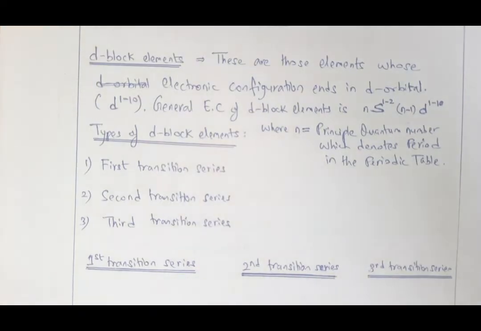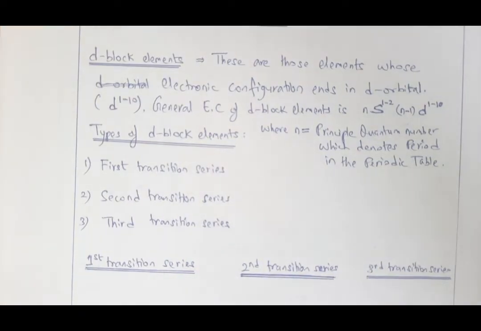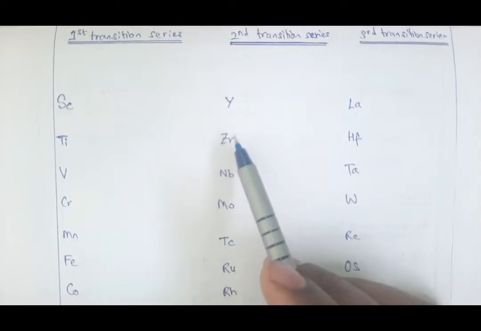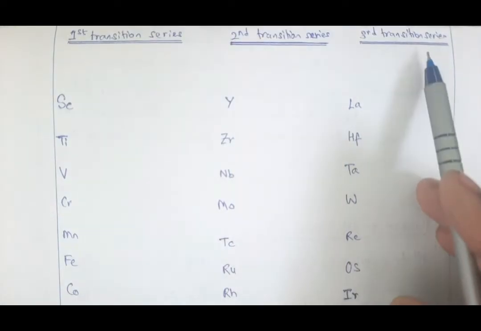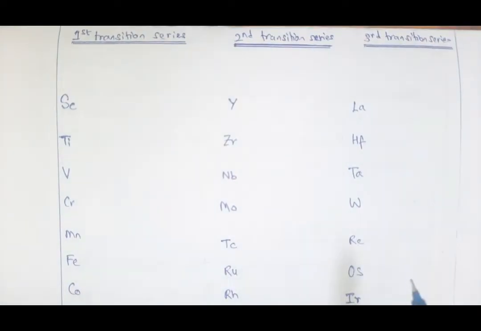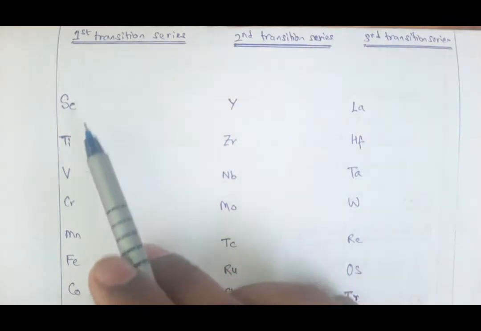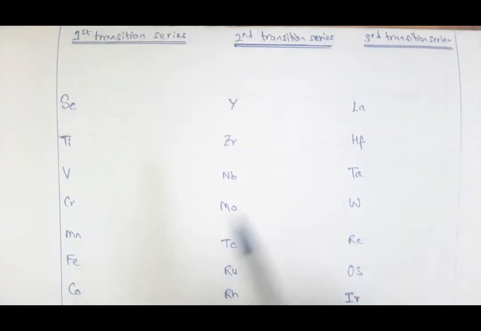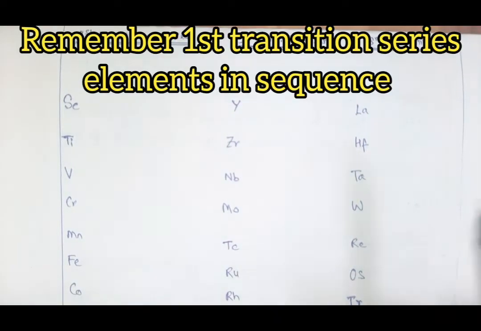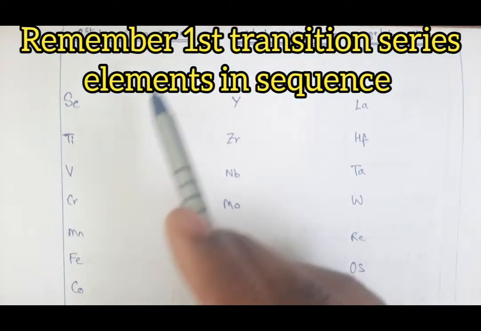Now let us see the members of these elements one by one. So students, first transition series members are here, second transition series members are here, and third transition series members are here, in which you have to be thorough with the first transition elements series. Second and third you don't have to study, but first transition series you have to learn. So let us see what are the members of first transition series.